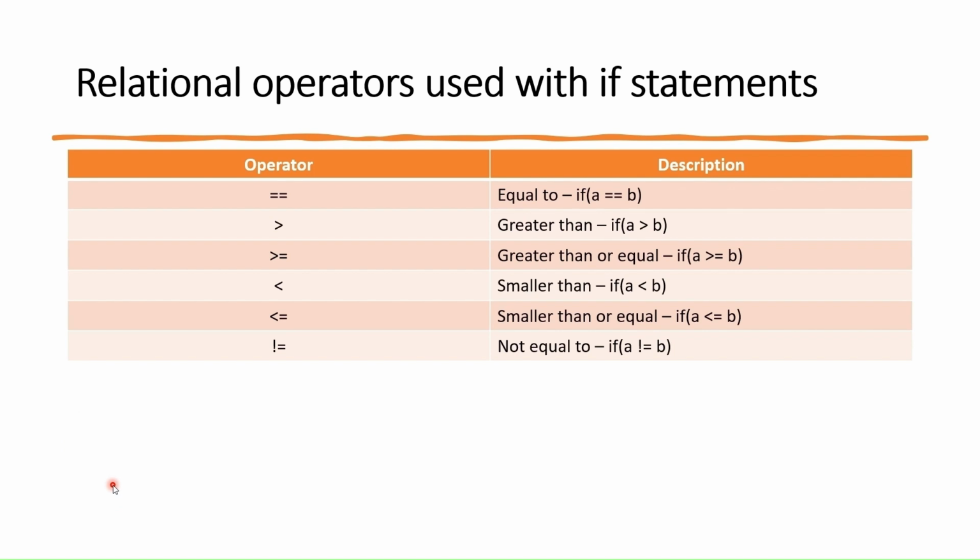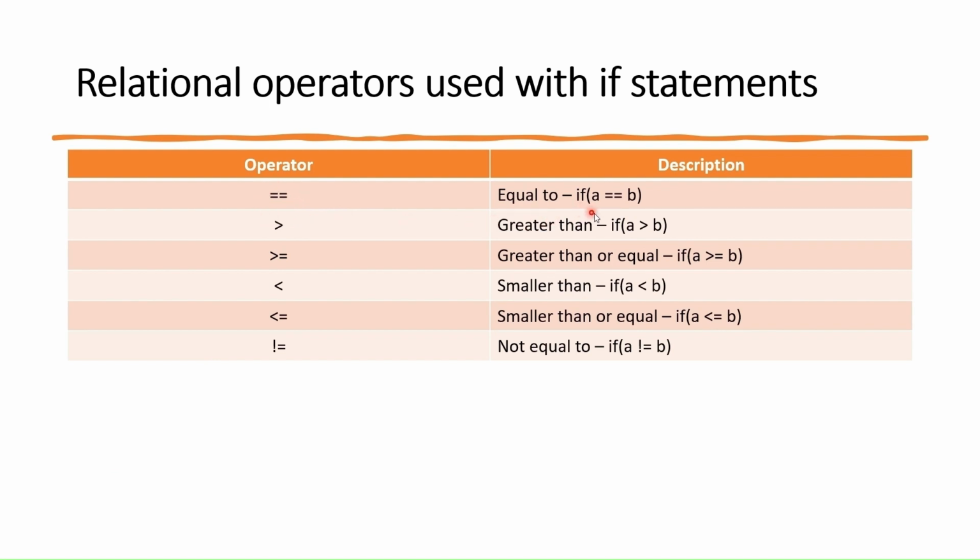When we use if statements, we have some relational operators used to evaluate the expression. For example, we have the equal sign: two assignment operators together mean equal to.